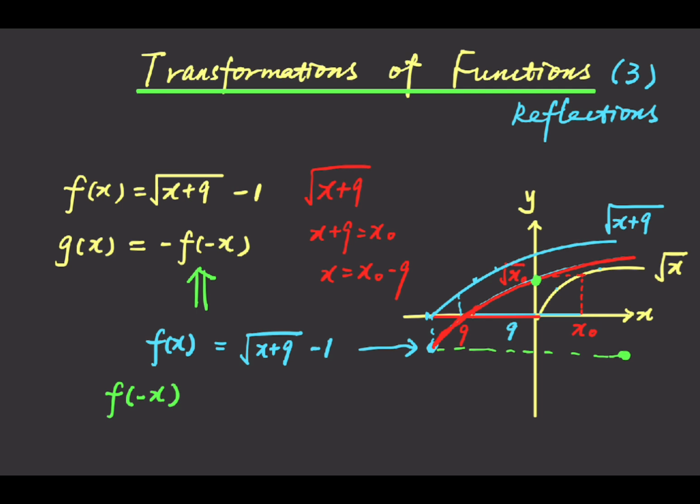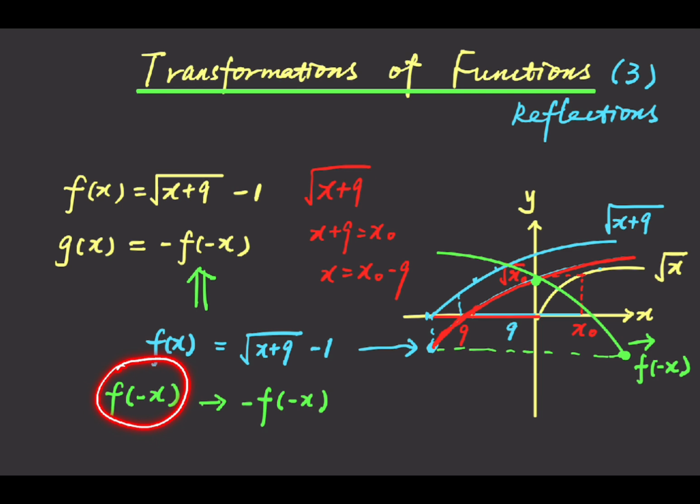Should be like this. Okay, it should be a curve. Okay, this is the f(negative x). Okay, on the basis of this function, we want to figure out this negative f(negative x).